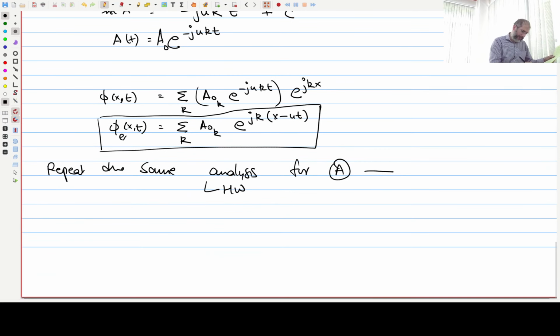So this is phi exact, if you could solve the exact equation. So this time we'll have phi numerical as a function of x and t.